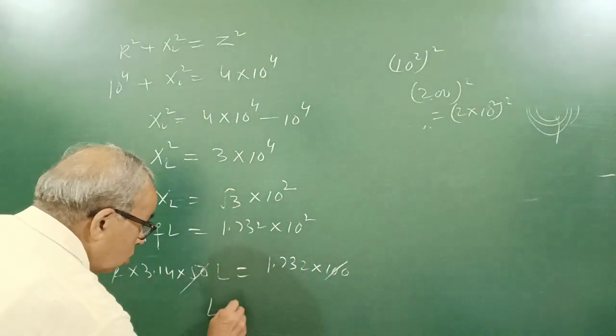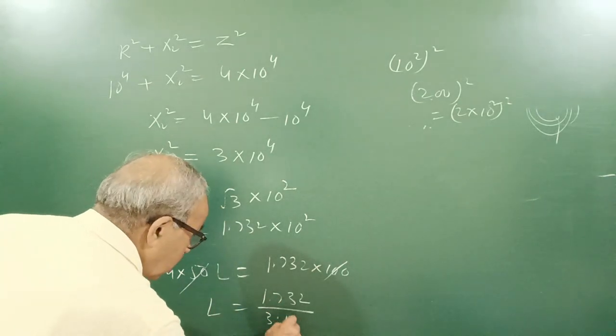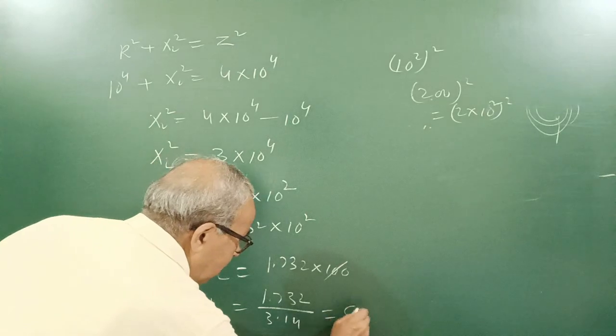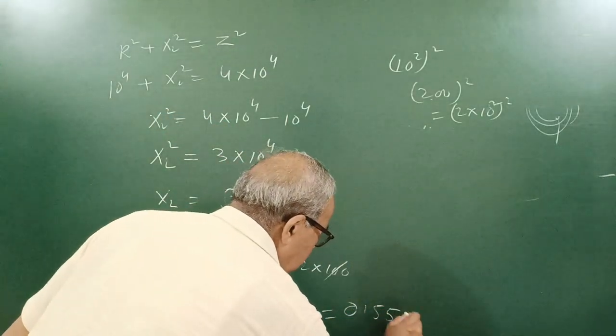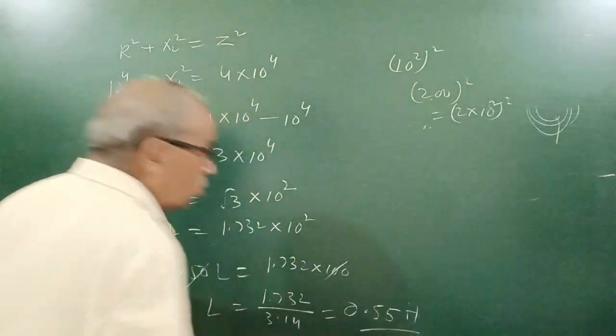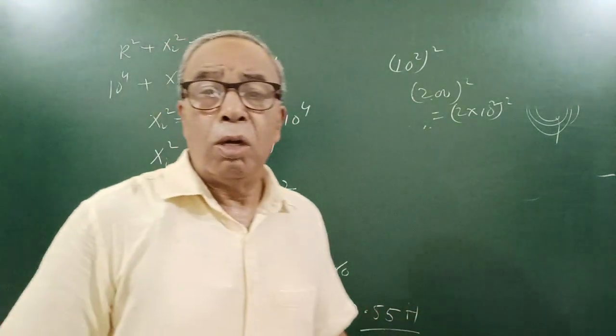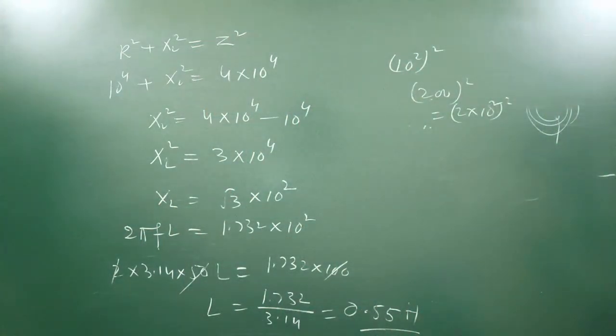So L is equal to 1.732 upon 3.14. If we divide, we will get nearly 0.55 or 0.56 Henry. So this is a very good question just to understand the behavior of inductor and resistance when connected.